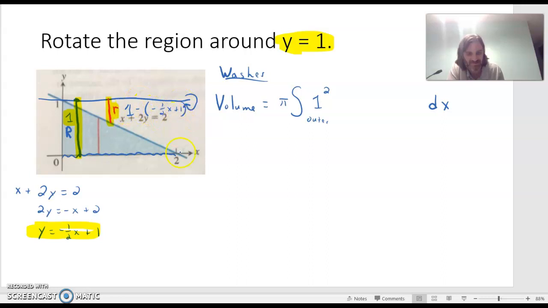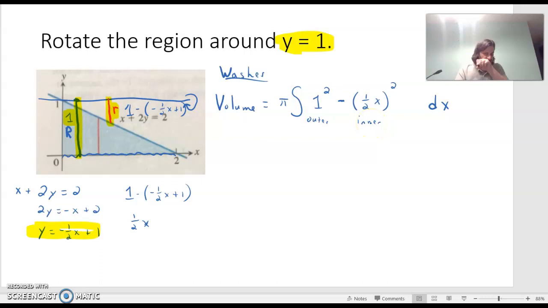So let's clean that up. So 1 minus negative 1/2 x plus 1. So that would be a positive 1/2 x, and 1 minus 1 would just go away. Okay, so distribute the negative through here. So this inner radius will be 1/2 x, and that radius will be squared, so that's the inner.